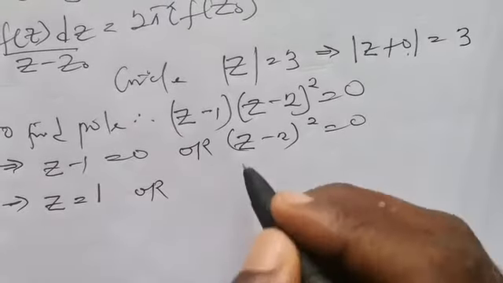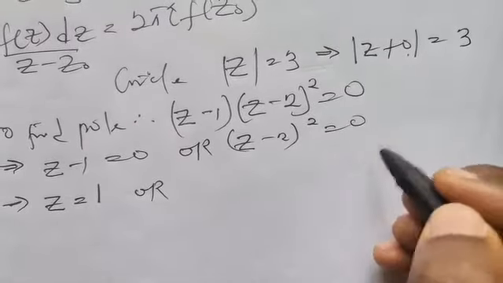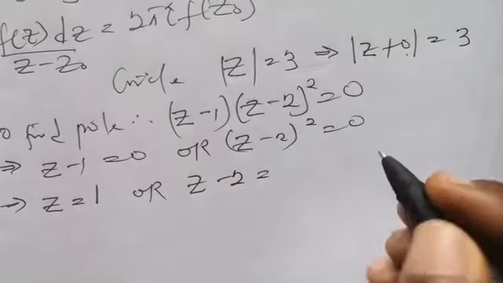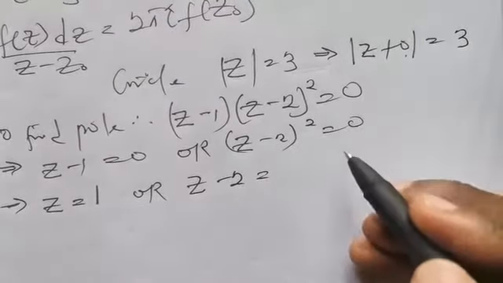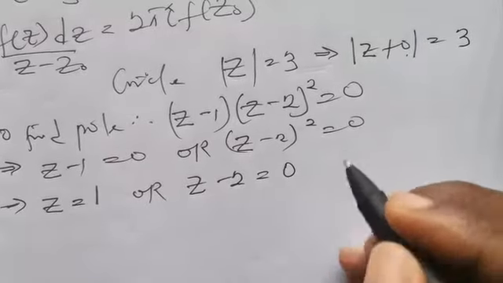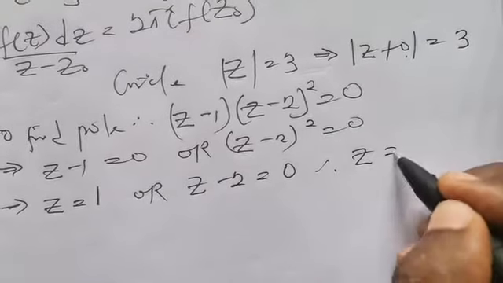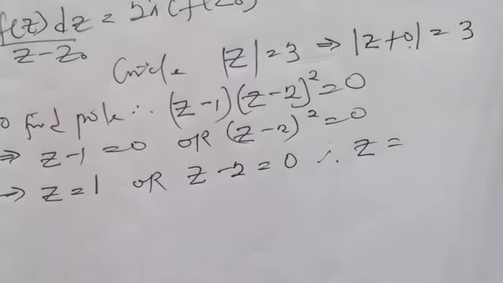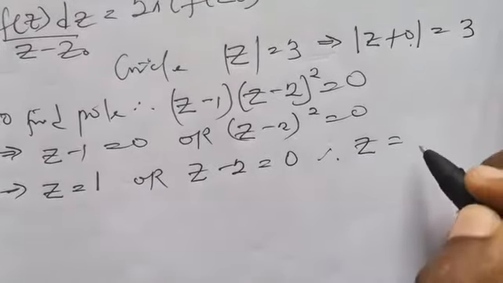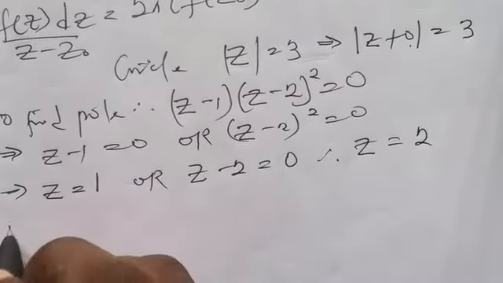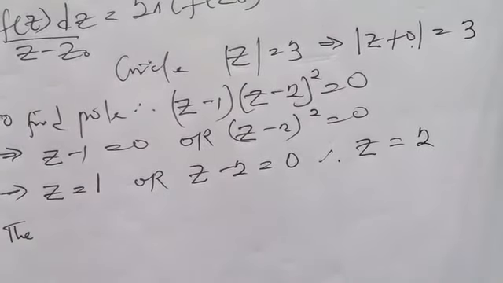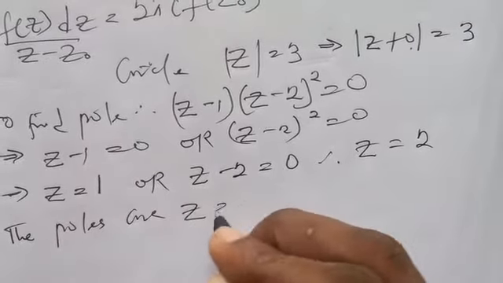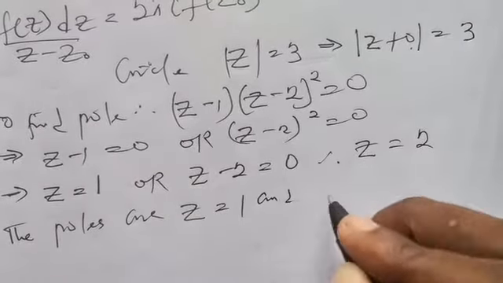Or again, (z − 2)² = 0 implies that z − 2 = 0, taking the square root of 0, which still gives 0. Therefore z = 2. So the poles are z = 1 and z = 2.